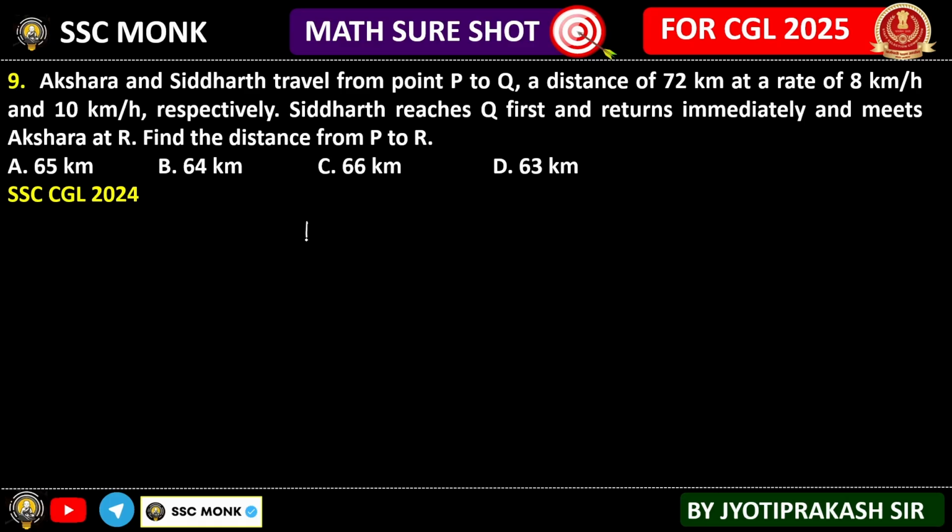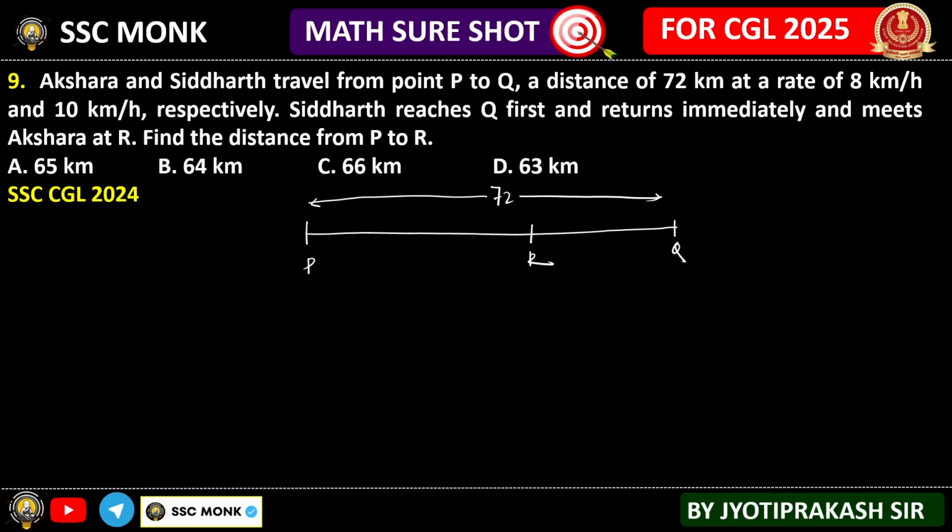Now see, this is P, this is Q. In between there is a point R. Done. Now what happened? This total distance was what? 72. Total distance between P to Q. Clear? So what happened? First, Siddharth's speed was what? Because Siddharth is reaching Q first.